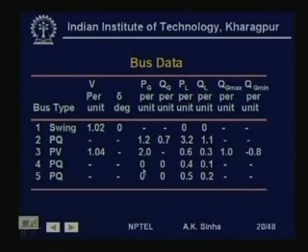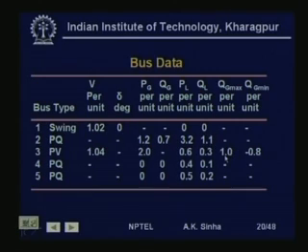The real power generation is provided at the generating buses, similarly reactive power generation at the generating buses. Real power loads and reactive power loads are also specified at various buses, and at the generating bus bars we also have the reactive power limits for the generators specified.